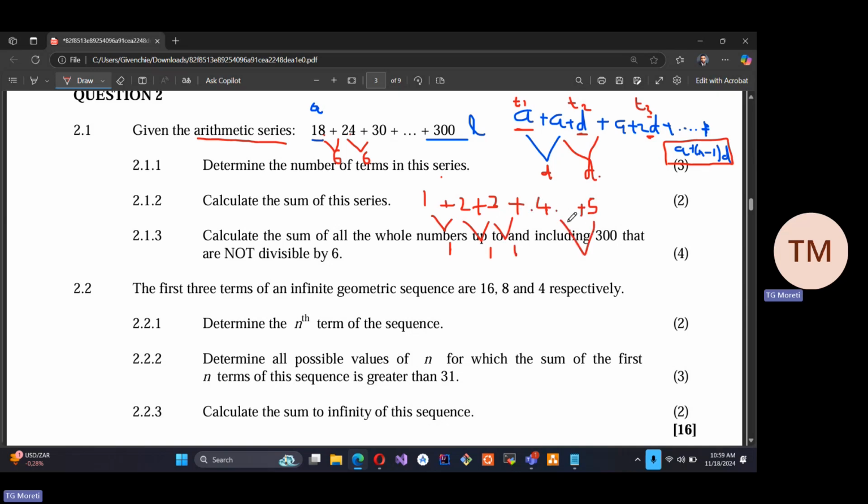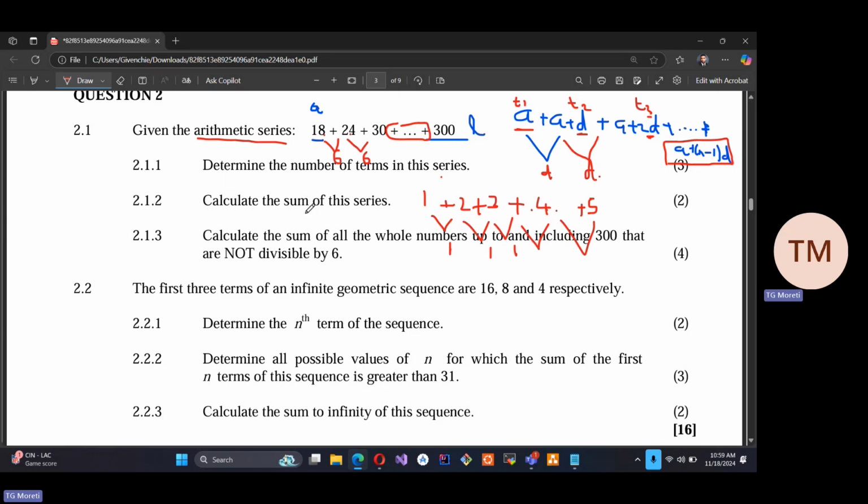As long as the difference is common, then you are done. But because a lot of numbers are omitted here, we need to use a general formula so that you can sum all of these numbers up. Remember, a series is about summation, so we have to know the total sum of all of these numbers, including the ones that are omitted here.